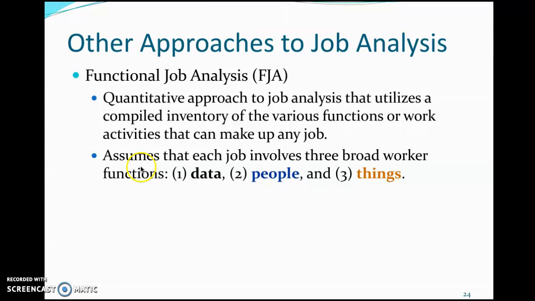Do you collect data? Do you collate data? In terms of people, do you supervise? Do you lead large teams? And in terms of things, what things do you do for your job? So again, it's just a framework to help us better structure the different positions and how each of them fit into these 3 areas without trying to look at task by task by task.